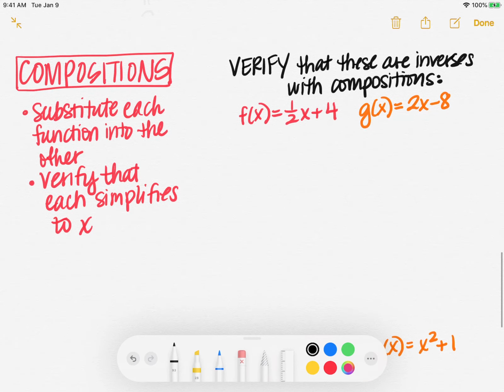Okay, and I will post these notes after class. So if you missed something, look for a PDF or image of these notes posted.